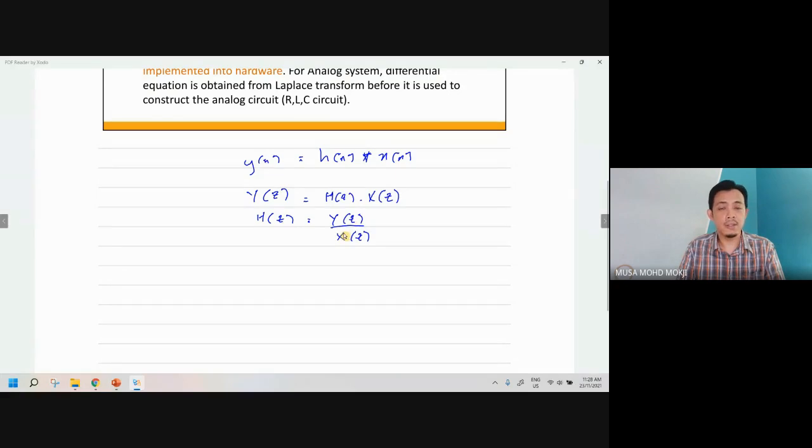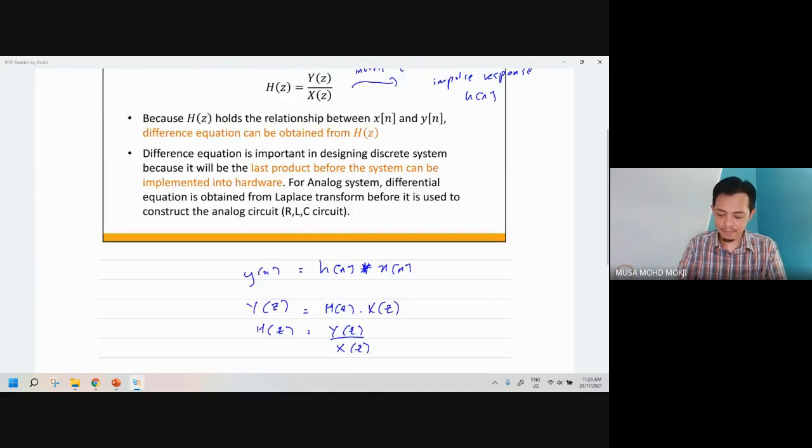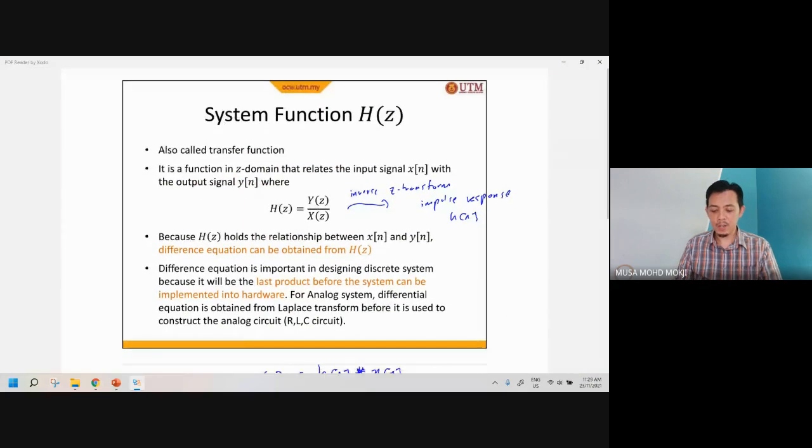See, this is actually easier to manipulate and rearrange compared to this one, because this is just a symbol of a convolution, and convolution is a sum of weighted sequences. So there's a lot of things in here. Everything becomes easier here, simpler. The equation is simpler to manipulate. Because H(z) holds the relationship between x[n] and y[n], the difference equation can be obtained from H(z).